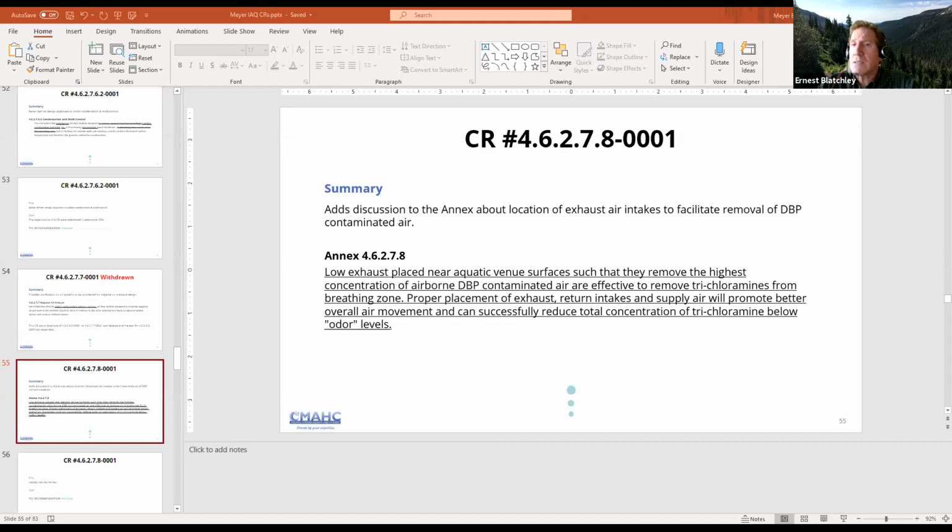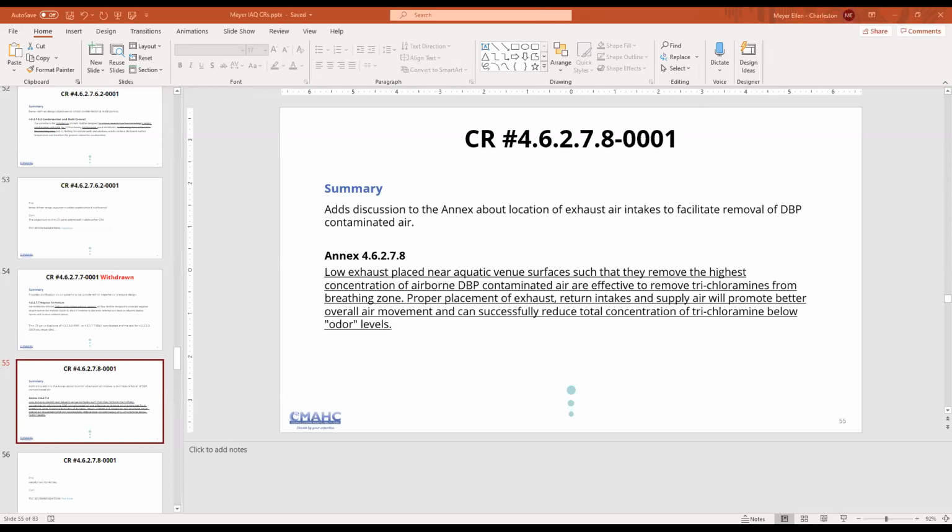In a strict sense, I think this should really be referring to all of the volatile chemicals that are present in water, because really, if you release trichloramine, you're going to release the rest of them as well. It's just that we can smell trichloramine pretty easily, whereas we don't necessarily smell the rest of them. So I'm not sure if that addresses your question or your comment, Jen.